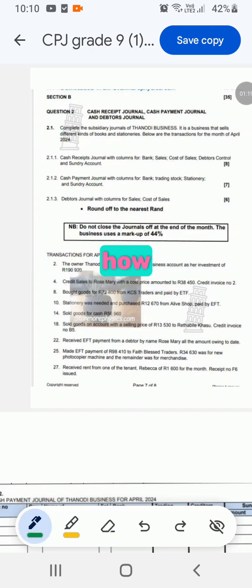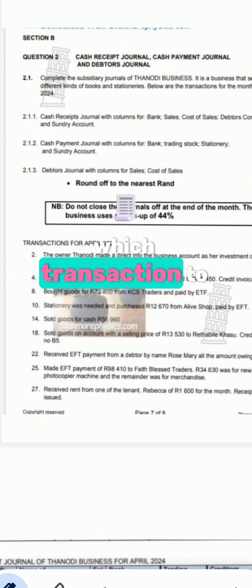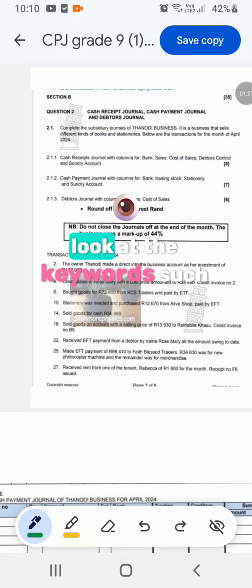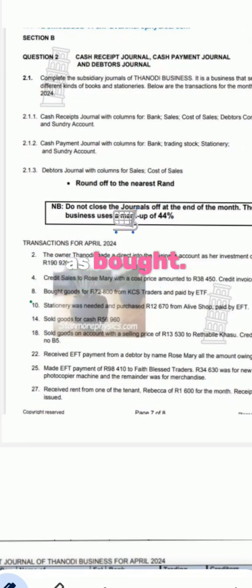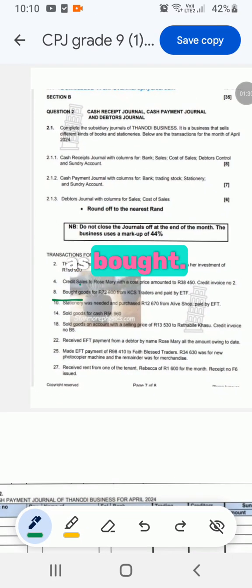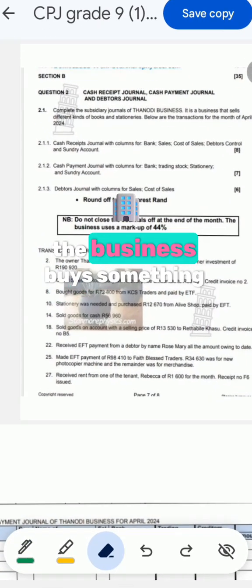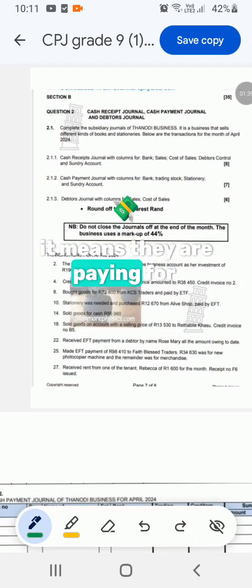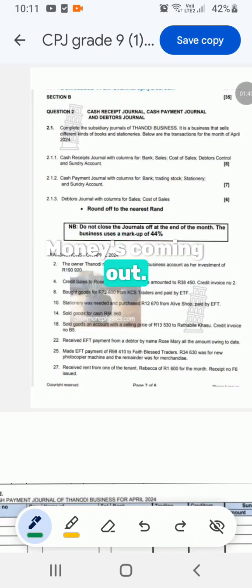Now, how do we know which transaction to put in the cash payment journal? It's easy. You look at keywords such as bought. Now, who bought? It is the business. If the business buys something from another business, it means they are paying for something. Money is coming out.